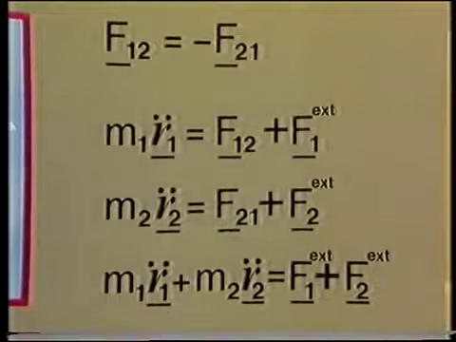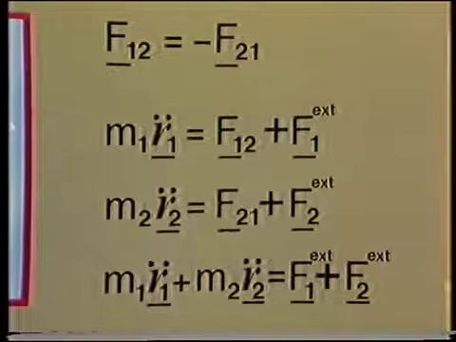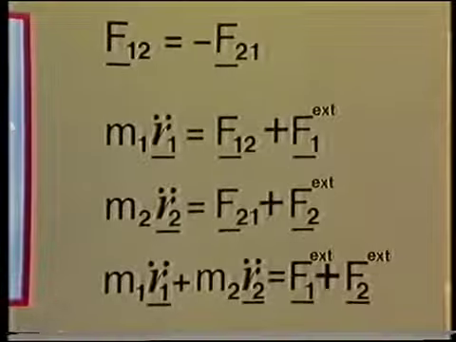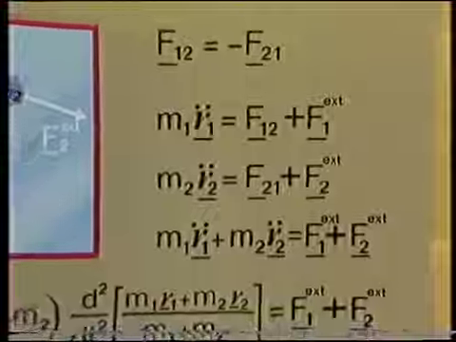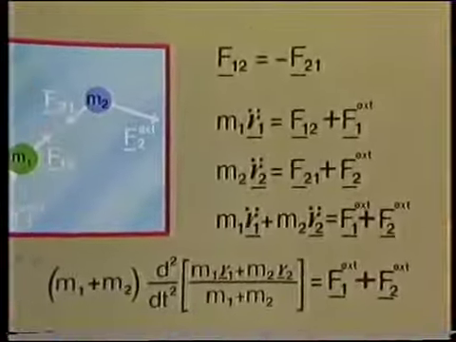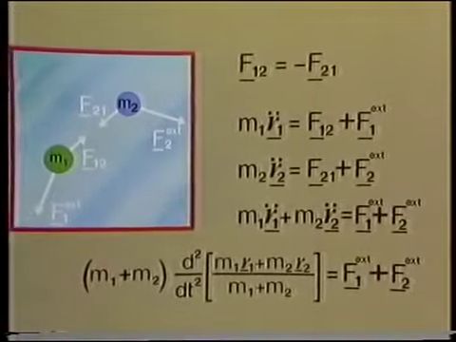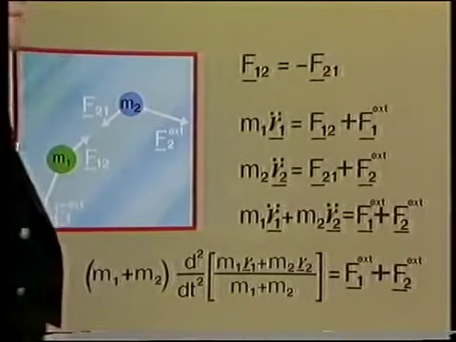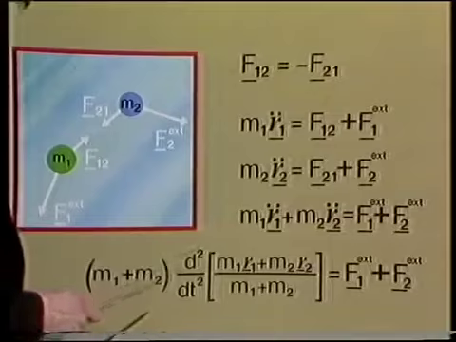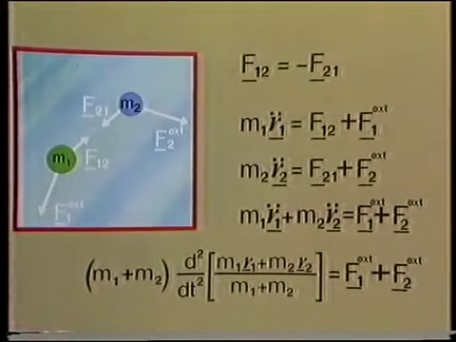And all I'm left with, in fact, is this equation, where on the right-hand side I have the sum of the external forces. Also recalling what we did in one dimension, I can rearrange this by dividing and multiplying by m1 plus m2 to get this equation, which is precisely the same as I have above. And now what we have in the square brackets is, by definition, the position of the center of mass. And this is the total mass.